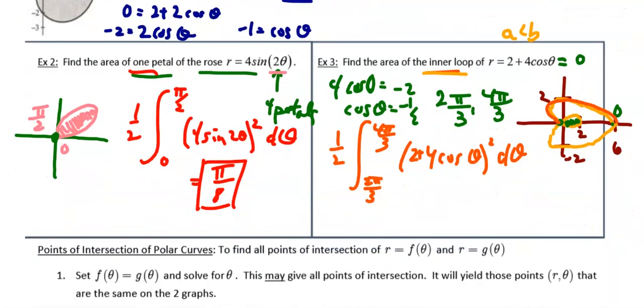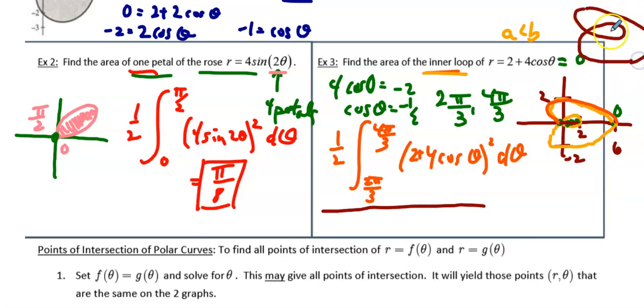And now there's one other way you could have done this problem if you wanted to, but this is probably the most common way that people will do this: you could have found the half of this. So let me draw the inner loop looking much bigger. Here's our inner loop right here. You could have found from 2 pi over 3 all the way up to pi.